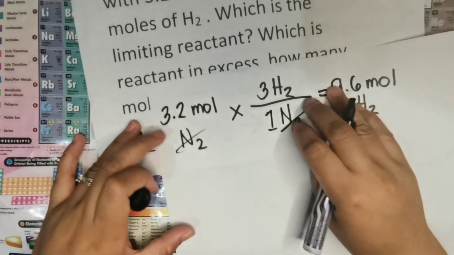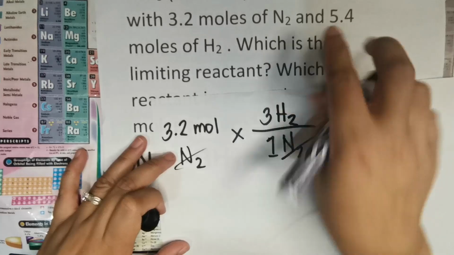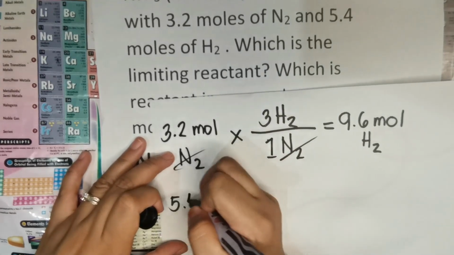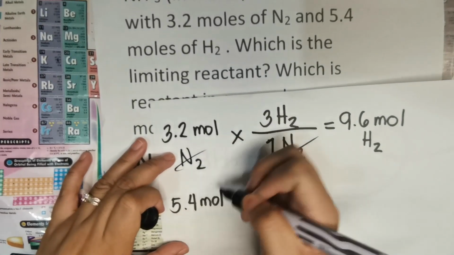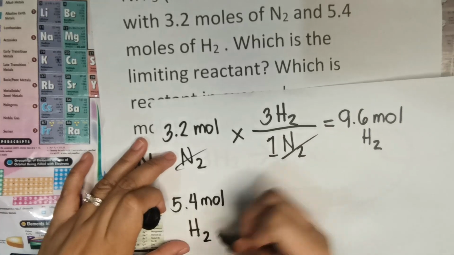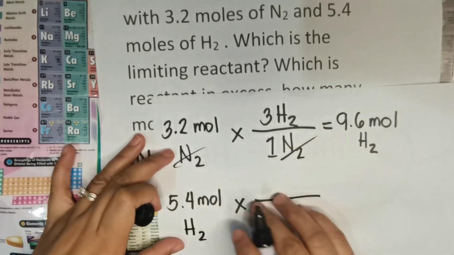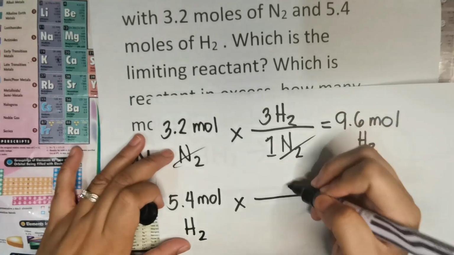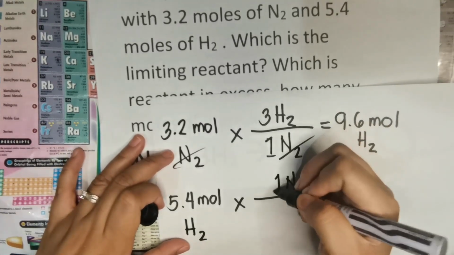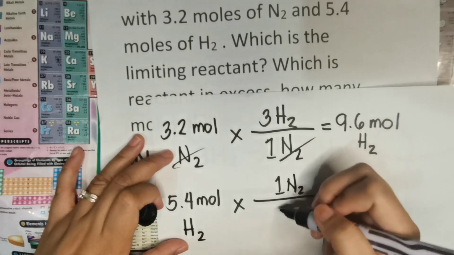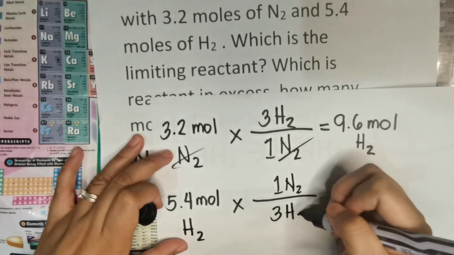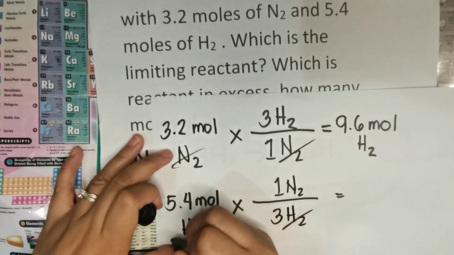Okay. Ngayon, pag ang gagamitin naman natin ay 5.4 moles of hydrogen gas, ilang nitrogen gas naman yung gagamitin natin? So, sa taas natin yung nitrogen gas, coefficient ng 1, and sa baba natin yung 3 hydrogen gas, para ma-cancel out si hydrogen gas.